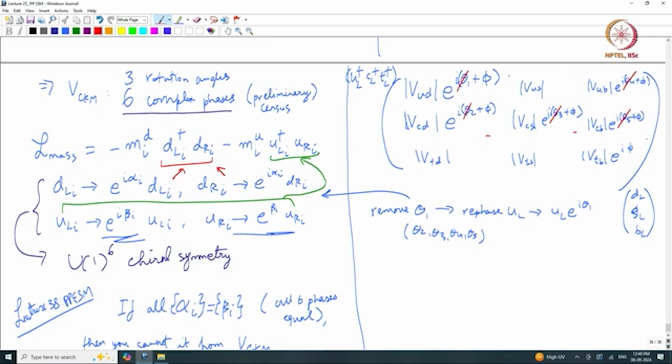So, if I try to remove it using one other field, then I have already made use of my freedom for the refacing. I cannot make use of it one more time, right. So, I cannot reface 6 different fields at the same time to get this. I can only do it one at a time, correct.